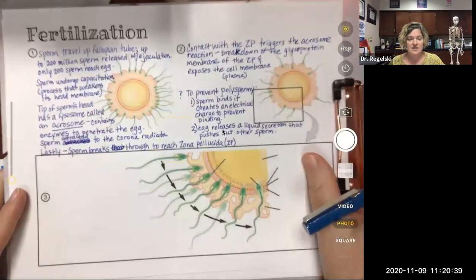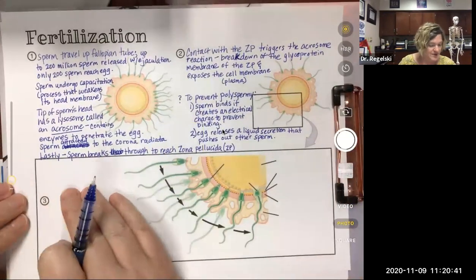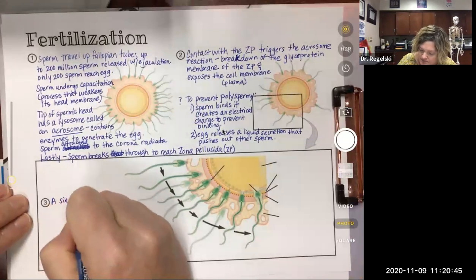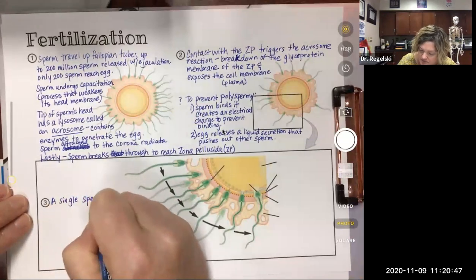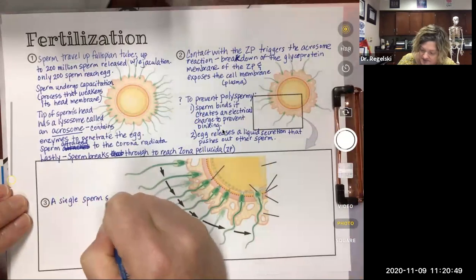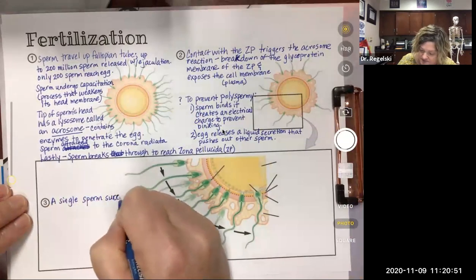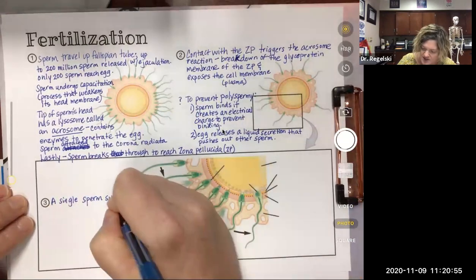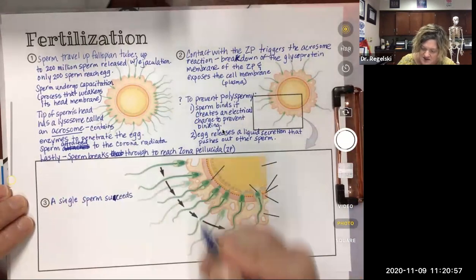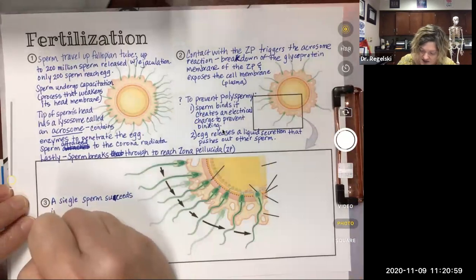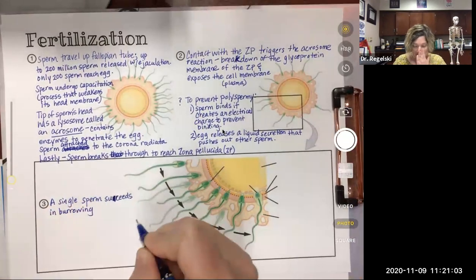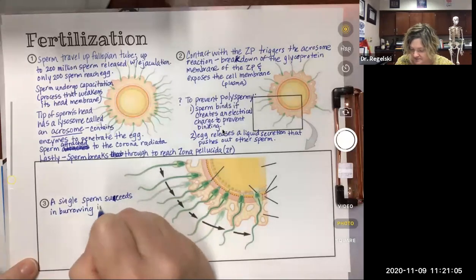All right, so third thing now: a single sperm succeeds in burrowing into the ovum. I feel like I spelled that wrong.